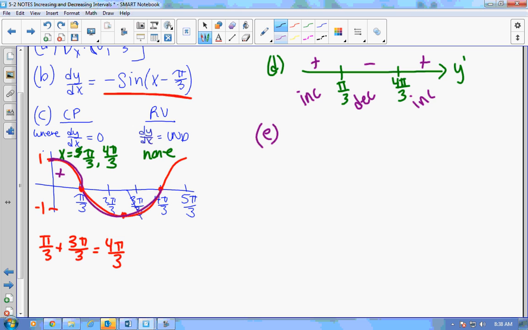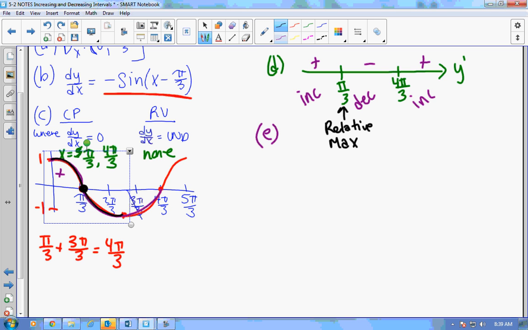Now, we've done this before. When we're changing from increase to decrease, this 0 becomes what? This function technically goes on forever, but we've restricted the domain, so this is called a relative. If it's increasing and then decreasing, it'd be a relative max.